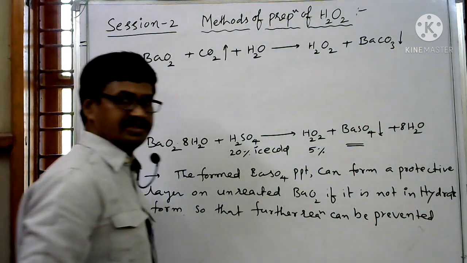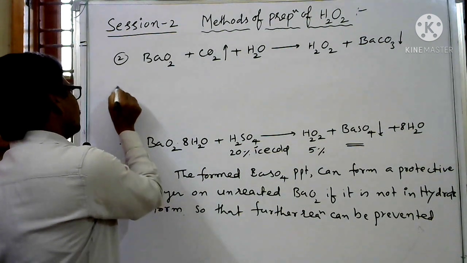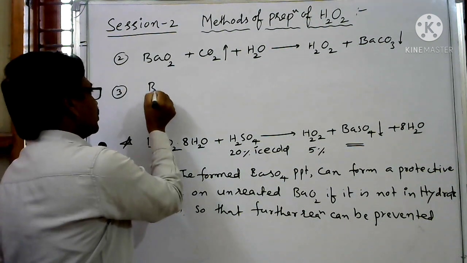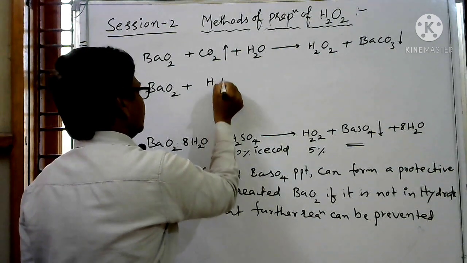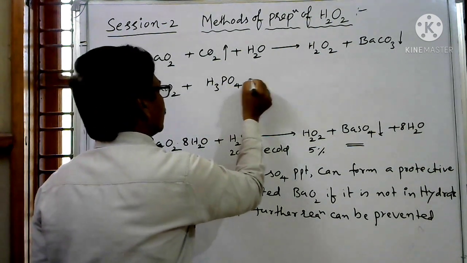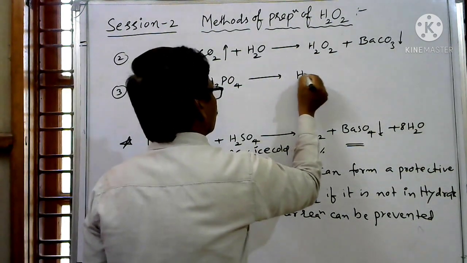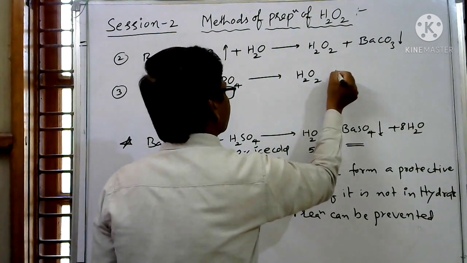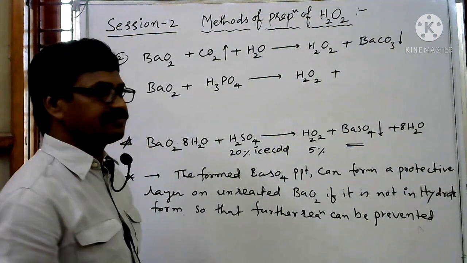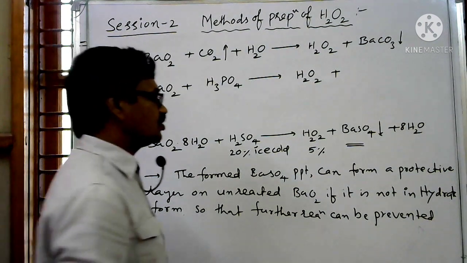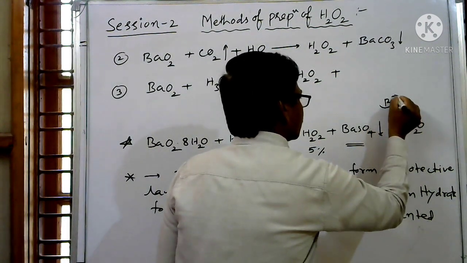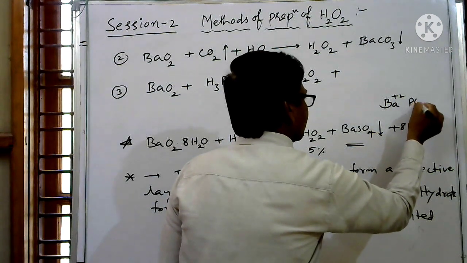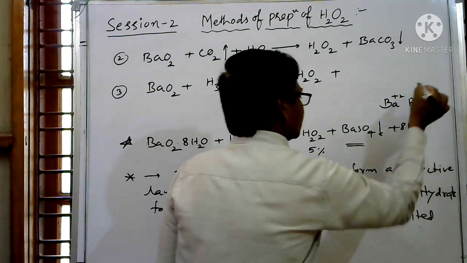This is one reaction. Similarly, we have one more reaction, when barium peroxide is treated with phosphoric acid H3PO4, it also produces H2O2, hydrogen peroxide. Then we get barium phosphate. You should know the barium phosphate formula. How can you write it? Barium charge is +2 and phosphate ion charge is -3.